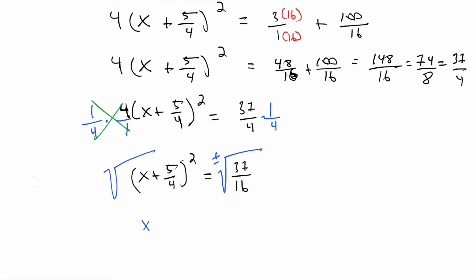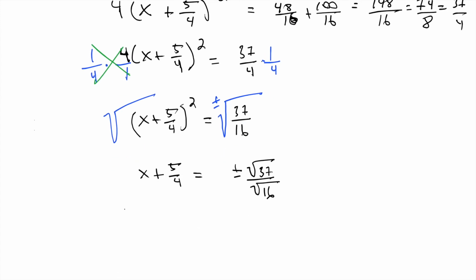So you're going to get x plus 5 over 4 equals plus or minus. I'm going to split the root. You can do that. So you're going to go root 37 over root 16, or yeah, over 4. So like that. So then you're going to have x plus 5 over 4 equals plus or minus root 37 over 4.